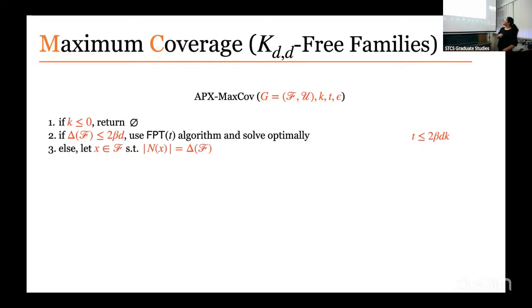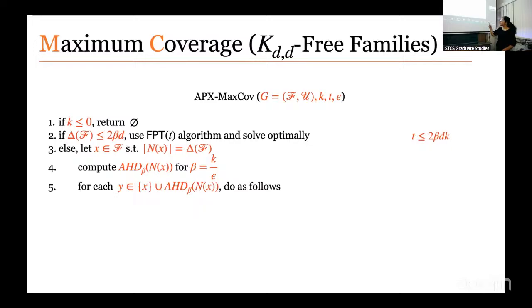Now look at a vertex in here with the maximum degree. We compute this A_HD and beta just for the technical reason. Now for each y in X and its neighborhood, basically this is just the branching step.